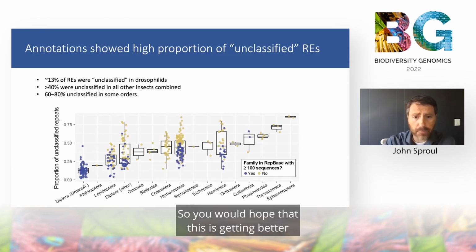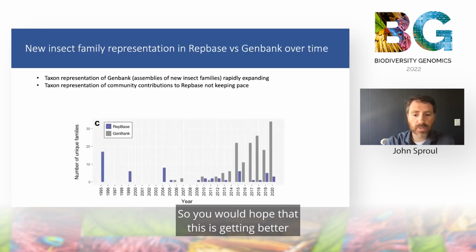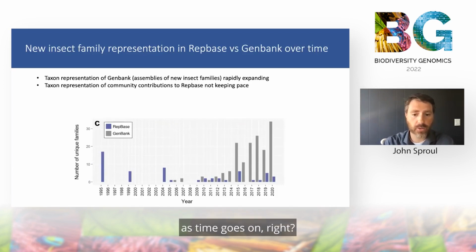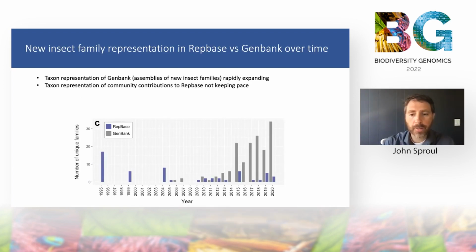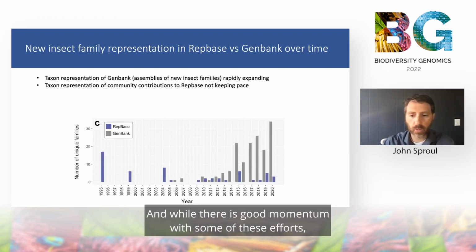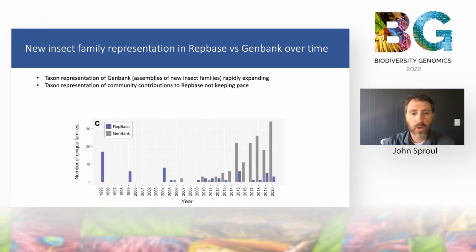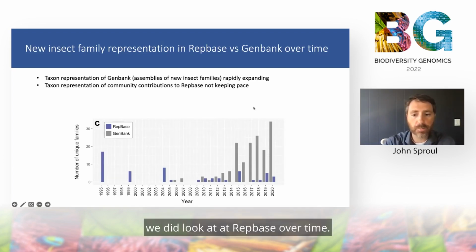So you would hope that this is getting better as time goes on, right? As more genomes become available, these repositories are improving all the time. And while there is good momentum with some of these efforts, we did look at Repbase over time.